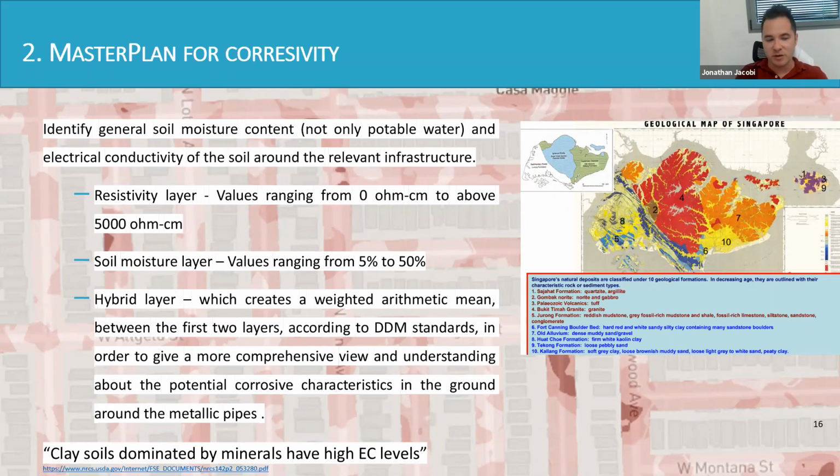But if we turned off the filter, we'd only be looking at soil moisture. Now when you mix and create a hybrid layer between resistivity and soil moisture, then you're able to get information about where my soil is corrosive.